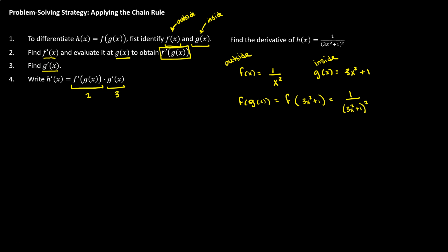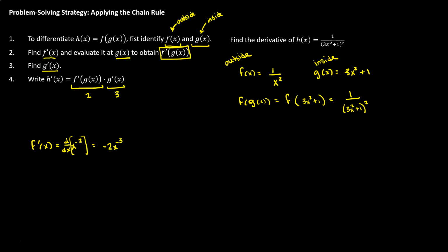Our last example said to take the derivative of the outside function, so I'm going to call that f prime. That's going to look like the derivative of x to the negative 2 power. I'm rewriting that function using a negative exponent so that I can use my power rule. That derivative looks like negative 2x to the negative 3.